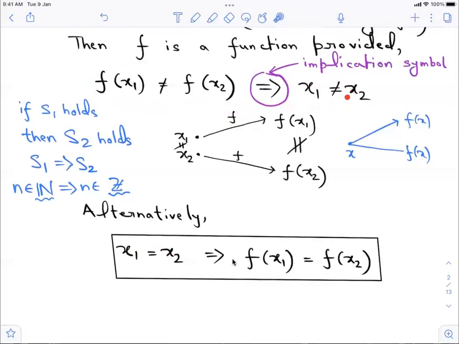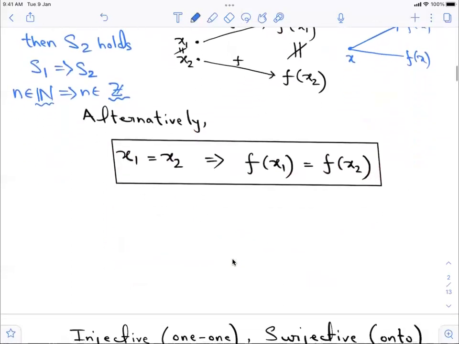If x1 is equal to x2, and I'm assuming that this statement is true, then x1 equals x2 would imply f(x1) equals f(x2), which would contradict my initial assumption once again. So these two statements are pretty much the same thing. And this highlighted statement gives us an easy way to check whether a given rule is a function or not.